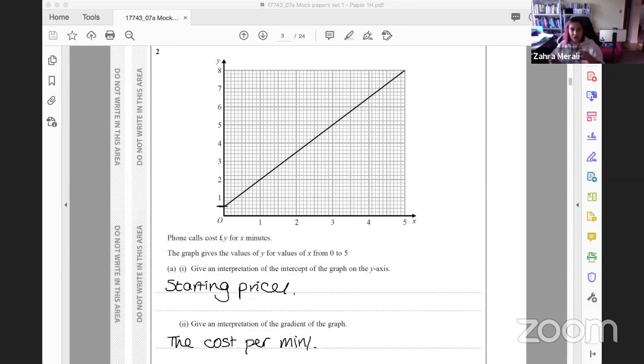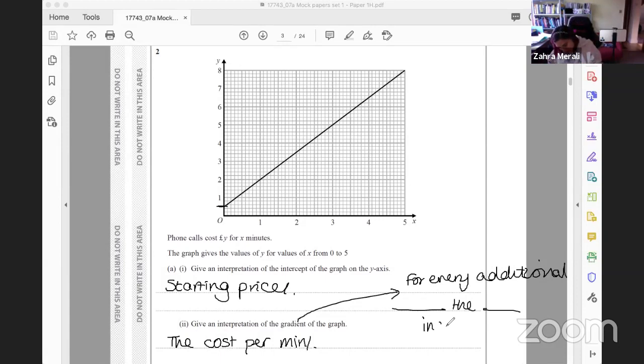Now your general interpretation for your gradient, if you're just thinking about it for any question, is for every additional x, whatever that is on your x-axis, your y, whatever your y is, increases or decreases if you've got a negative gradient.